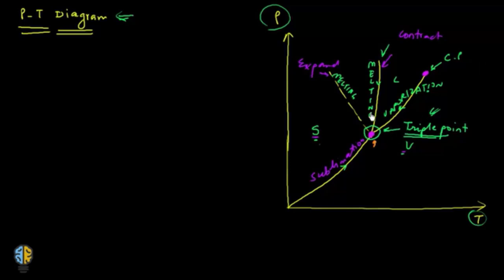Alright, so this is a pressure temperature plot. The only difference between substances which expand on freezing and which contract on freezing would be in the slope of the melting line. Alright, so I hope you understood this short video on the pressure temperature diagram.